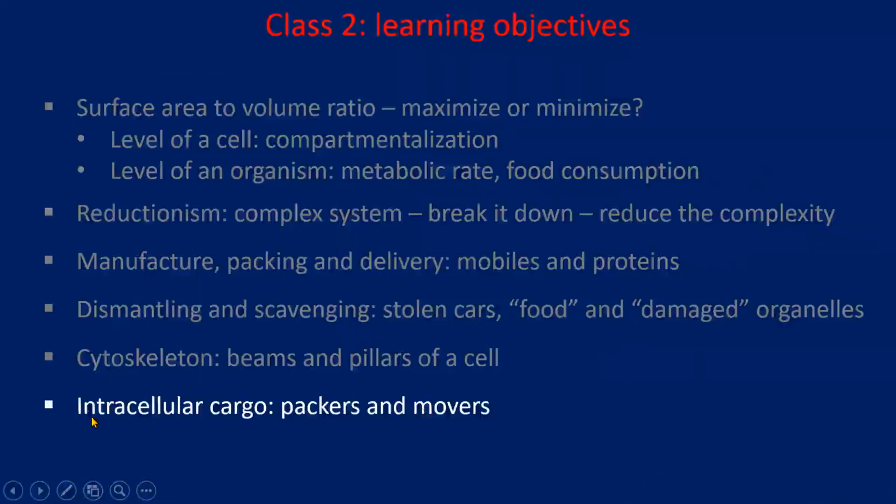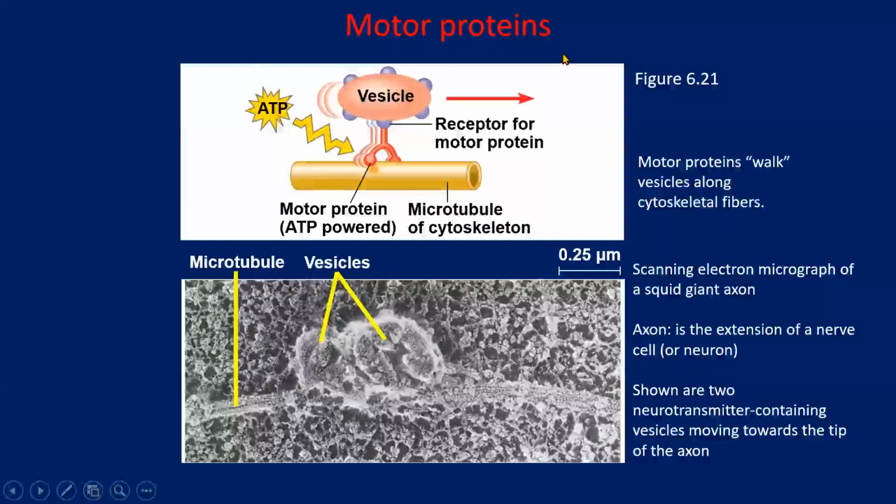And lastly, I'm going to discuss intracellular cargo. When some protein or other things are synthesized inside the cell, you need to transport them from one point to another. In order to do that, we have specific motor proteins, and this motor protein has a receptor molecule. This is the microtubule over here.